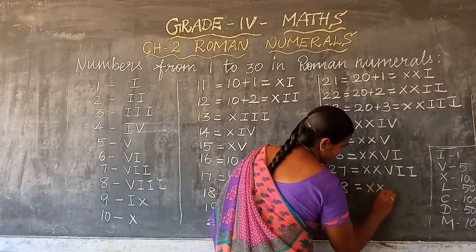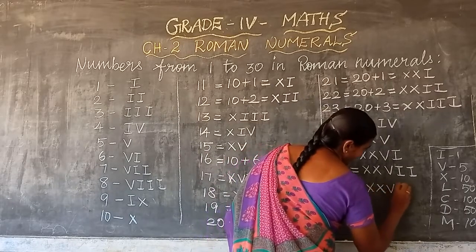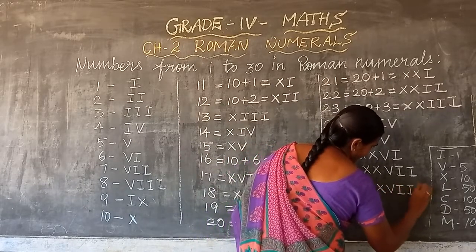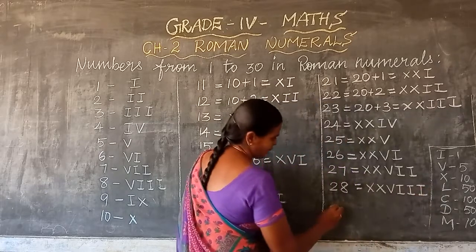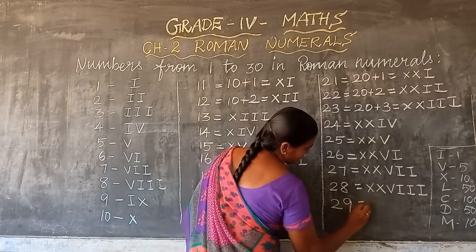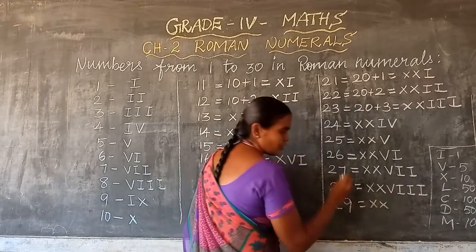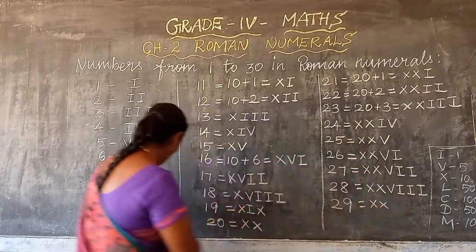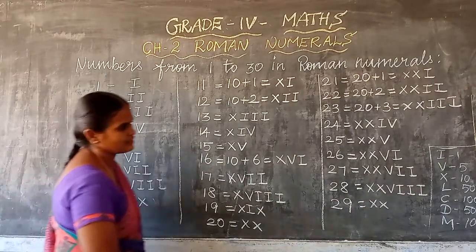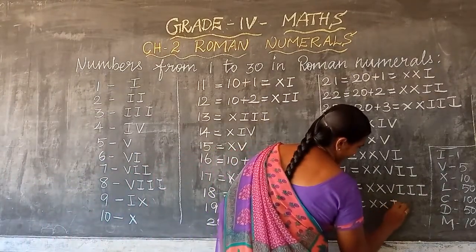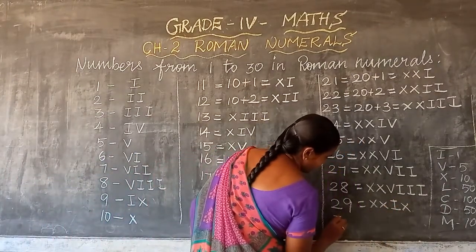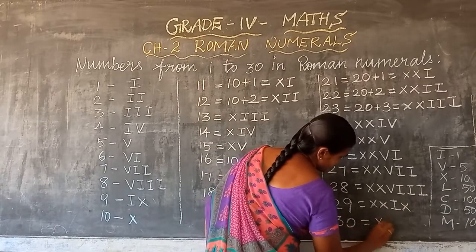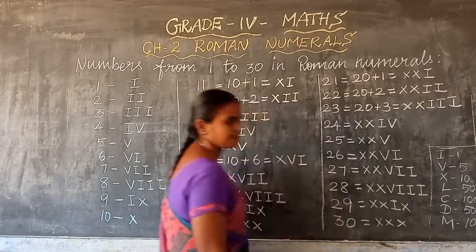So XX and 8 is VIII. 29: 20 plus 9. 20 means XX, 9 means IX. So XXIX. 30: 30 means 3 times X.